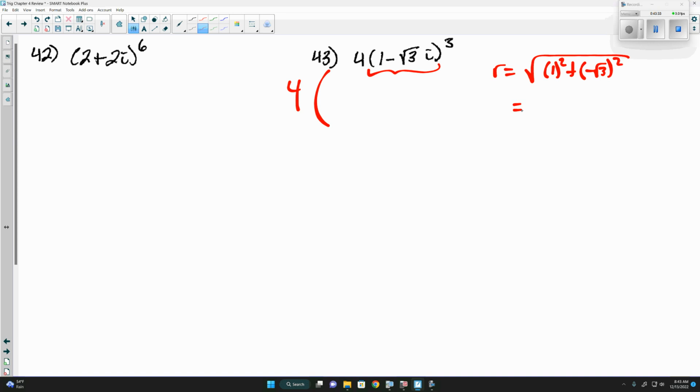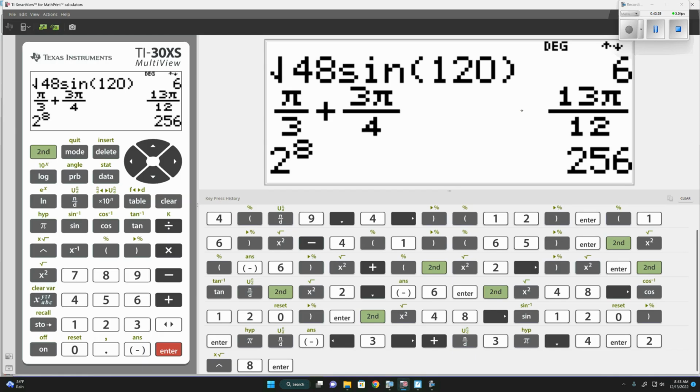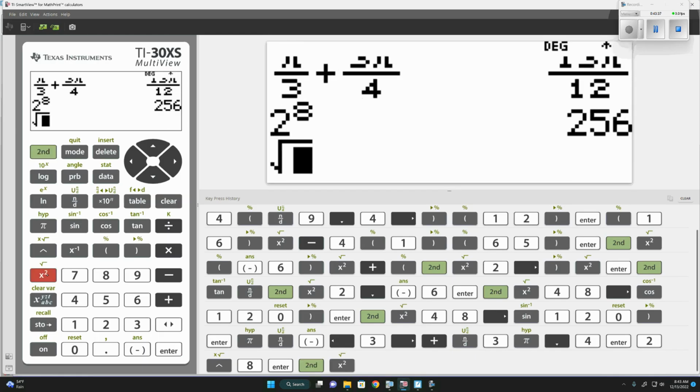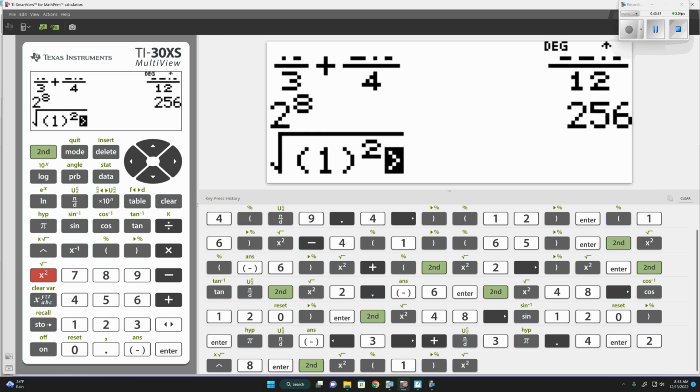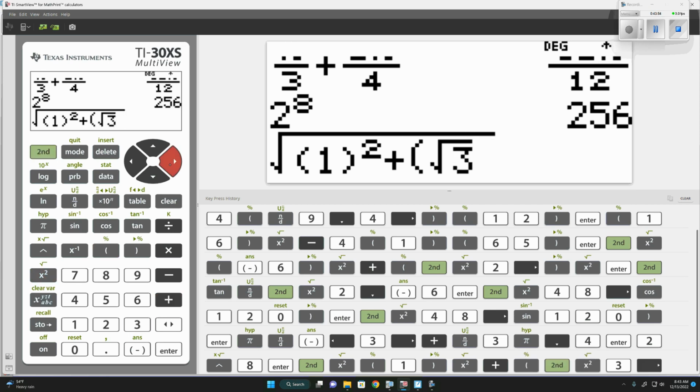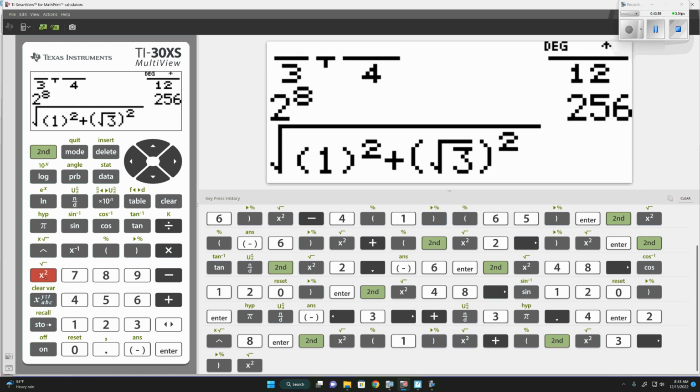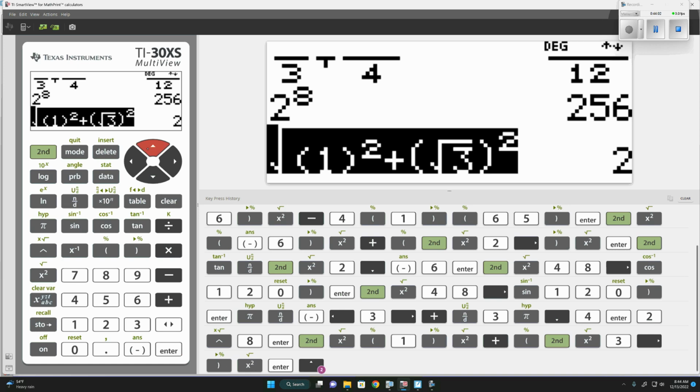Now this looks like it's going to give us a nice number, square root of 1 squared plus, parentheses, square root of 3 squared. I know that's supposed to be negative, but the square will make it positive. And we get 2.